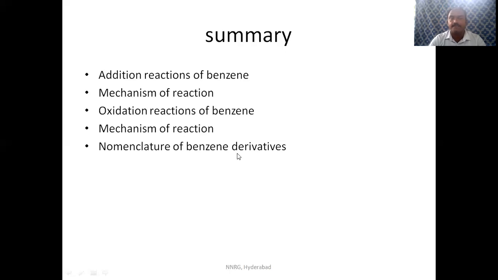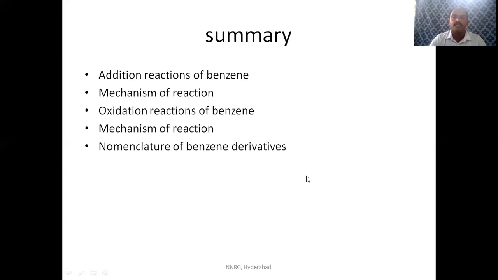And we have named the benzene derivatives. For monosubstituted derivatives, we add the substituent as a prefix and benzene as the suffix. If it is disubstituted, we use the positions of the substituents and the suffix benzene.